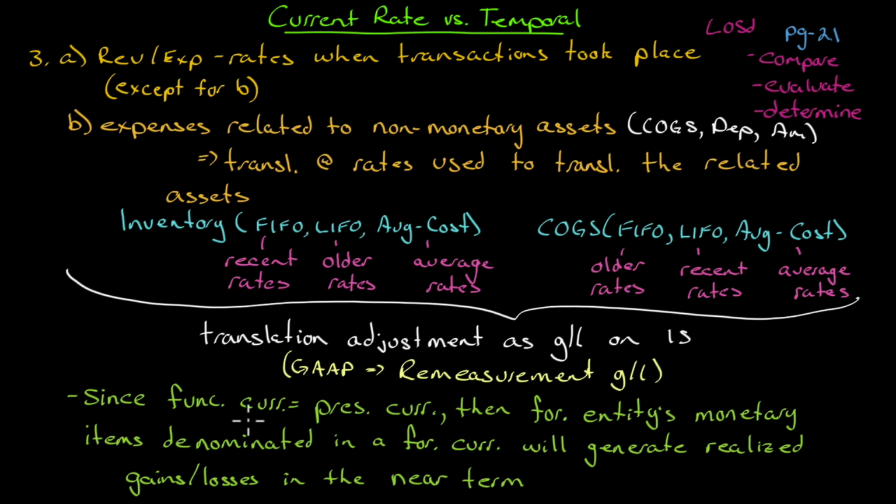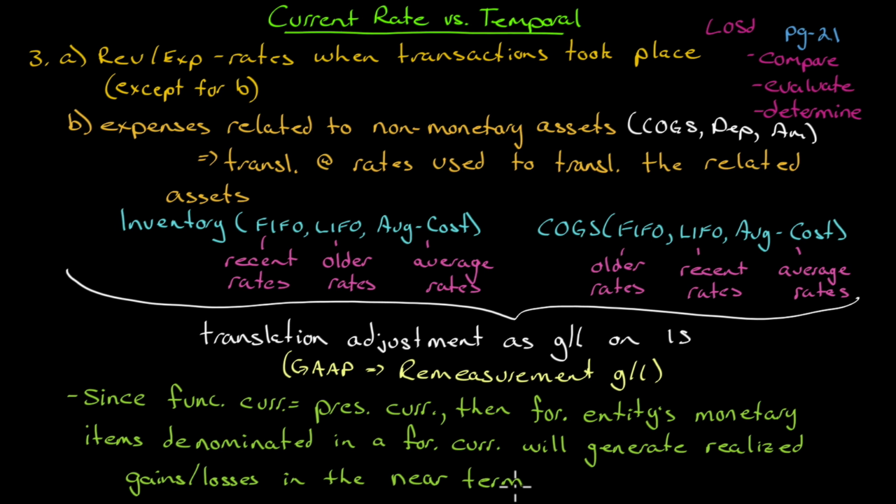So since the functional currency is the presentational currency, then the foreign entity's monetary items denominated in a foreign currency will generate realized gains or losses in the near term. I know that sounds like a lot, but if you break down every part of this sentence, what it's saying is that, look, if I have my entire investment at risk, the only way it becomes a realized gain or loss is if I actually sell the entire investment.